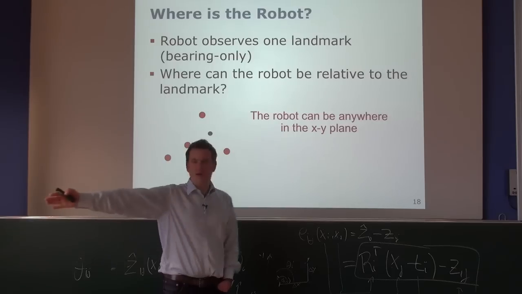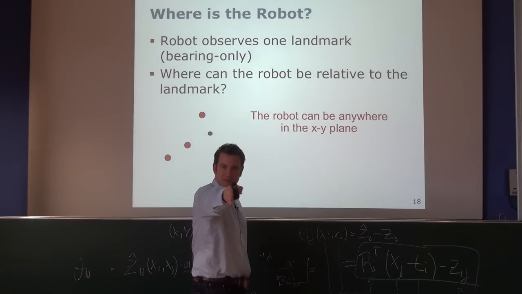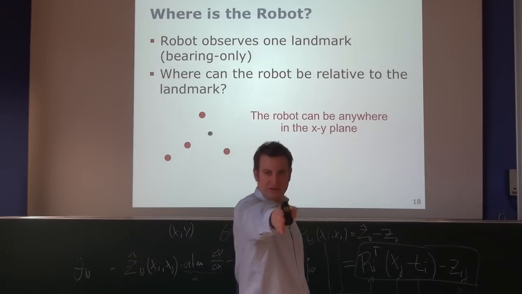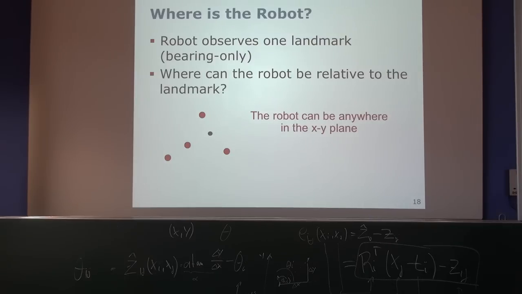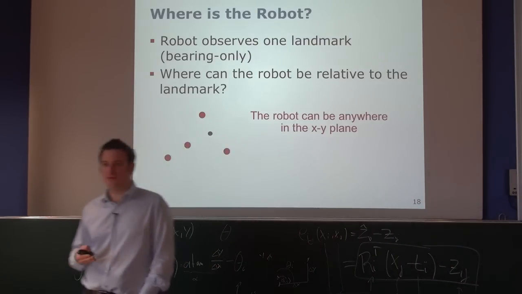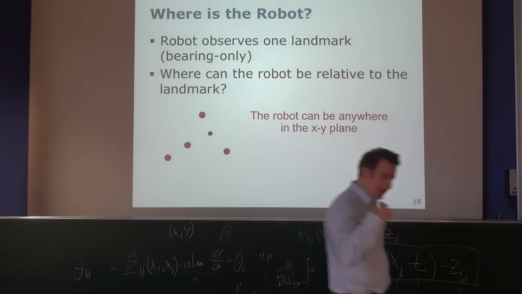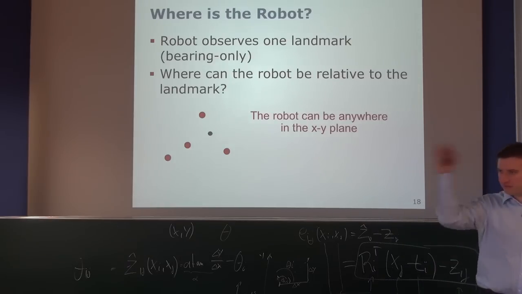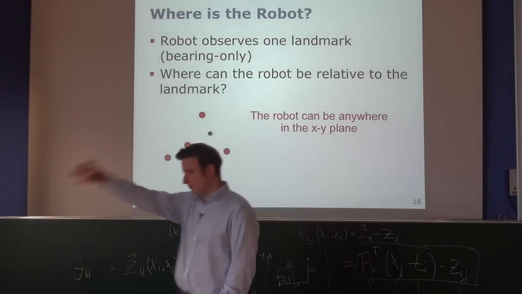Because you see, let's say, the landmark 90 degrees to the right with the camera. I can move along this line and will always perfectly see it at 90 degrees. And I can also move around, so I can reach any point in the xy space. The only thing which is constrained is the orientation of the platform. So if I have a camera and observe a single feature, I know my orientation with respect to that landmark.